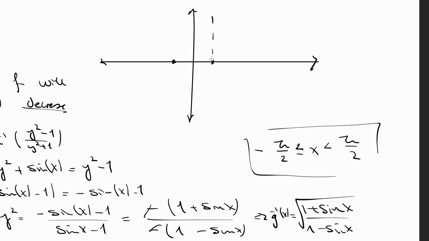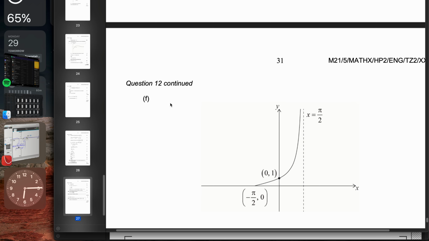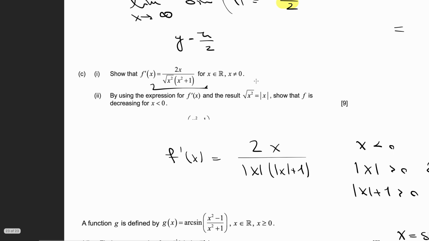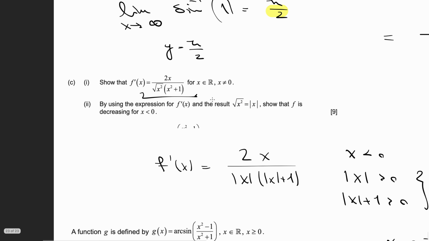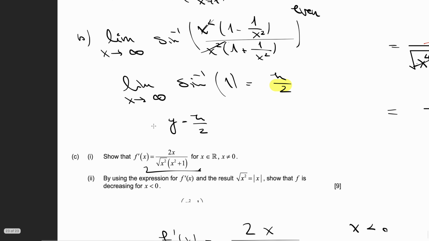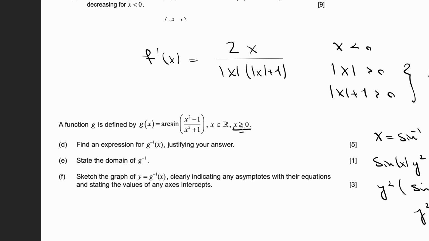So I guess this is one asymptote, this is another, and from the looks of it, y should be greater than or equal to 0, because we were told in the equation that x is greater than or equal to 0.